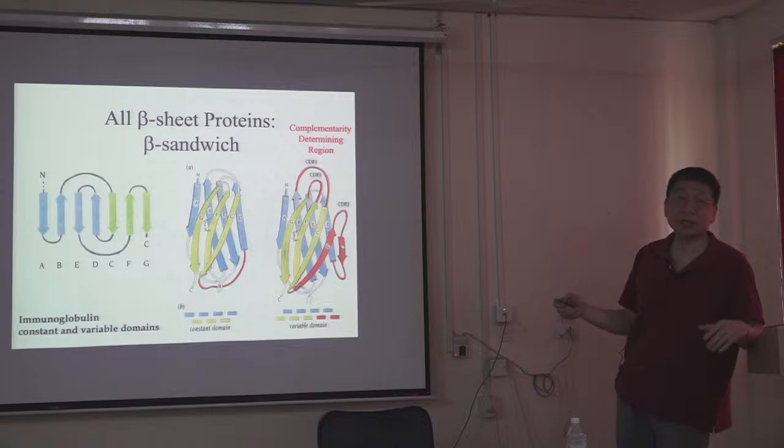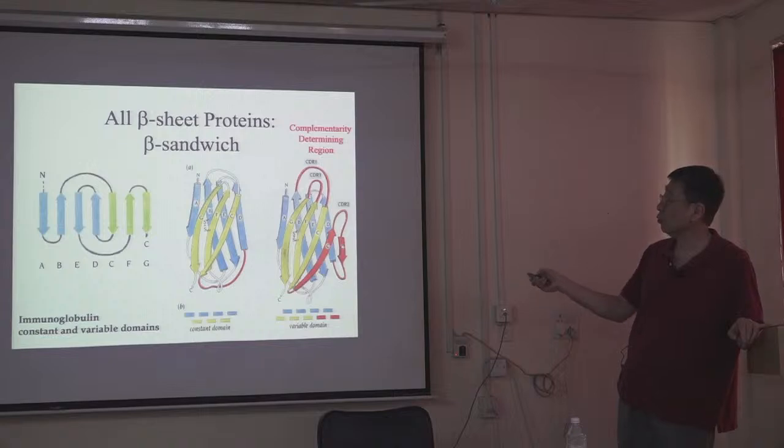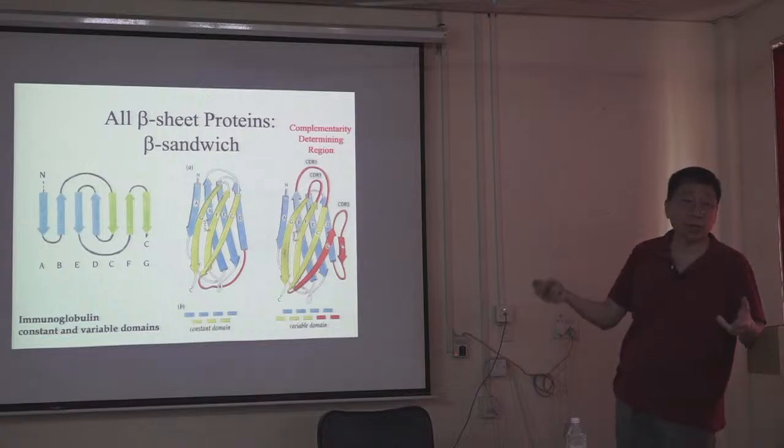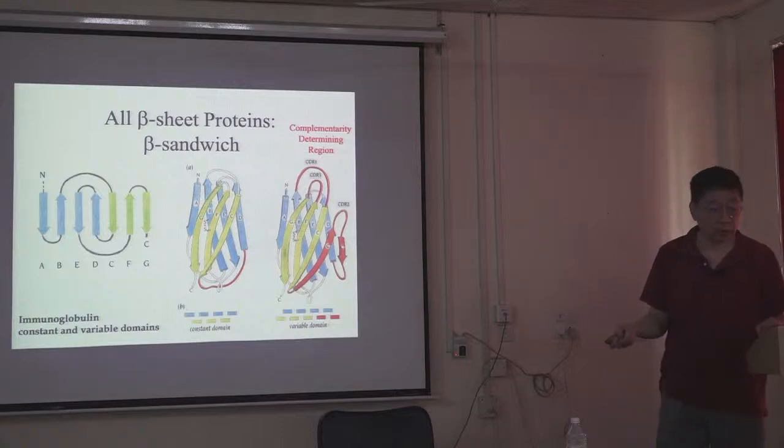These are hypervariable, and that's how your antibody recognizes different antigens, by basically changing the sequences of these loops. You can recognize very different antigens. So very important structure. You could say this is the scaffold that helps you present these three loops that recognize different antigens. That's important for your immunity.